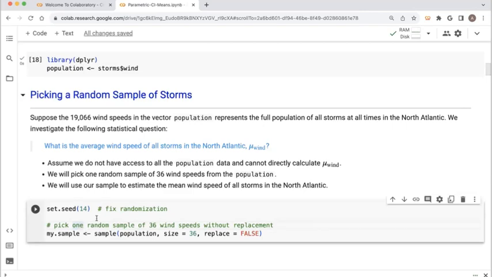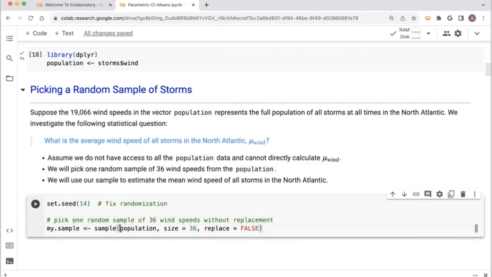So to begin, let's first run the code cell up above. That's going to first load the dplyr package, and then it's going to store the wind speeds into a vector called population. And now from this population vector, I'm going to pick a random sample of 36 wind speed observations.